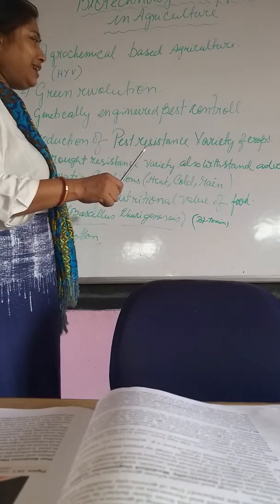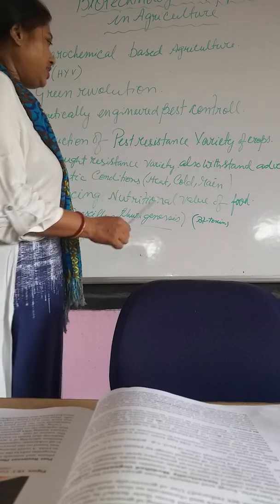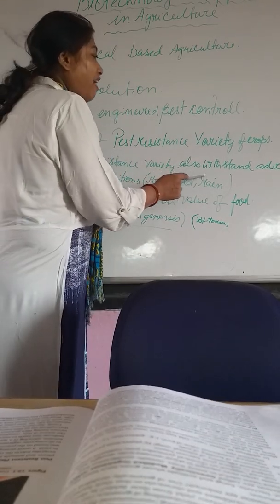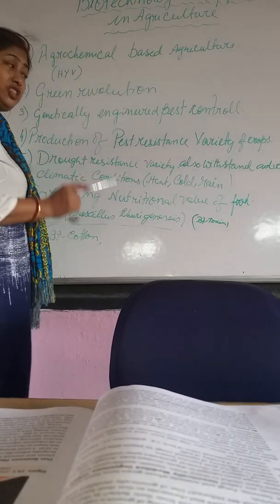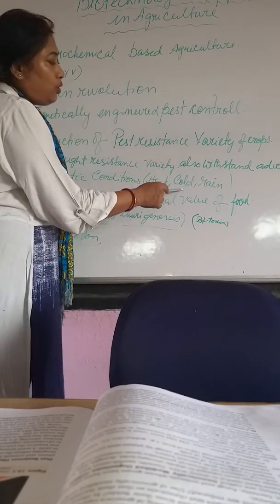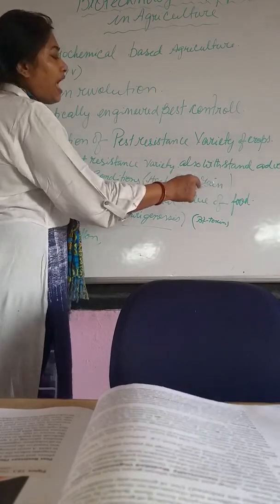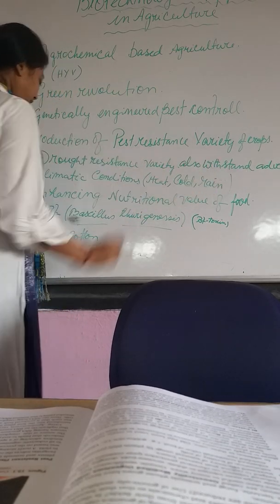If the plant dies, that means no agriculture, so it would be an agricultural loss. So for adverse climate conditions, they have engineered plants that can tolerate high heat, extreme cold and rain also. So these are also done by genetic engineering.